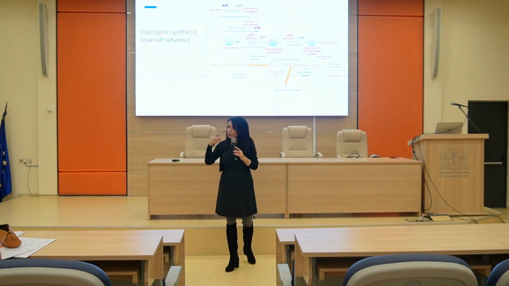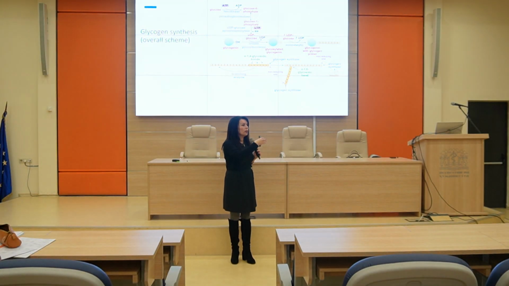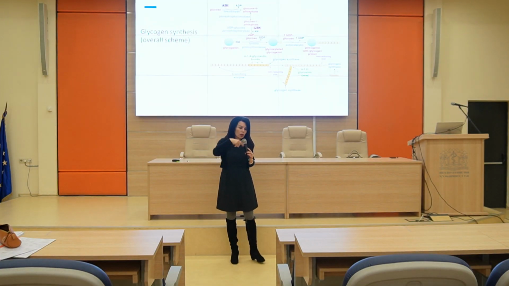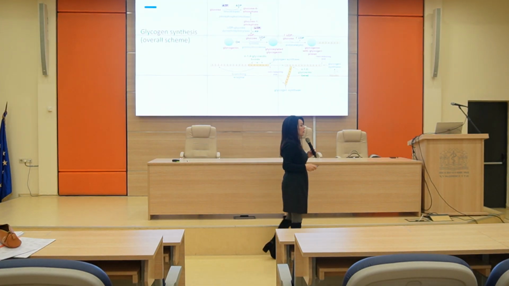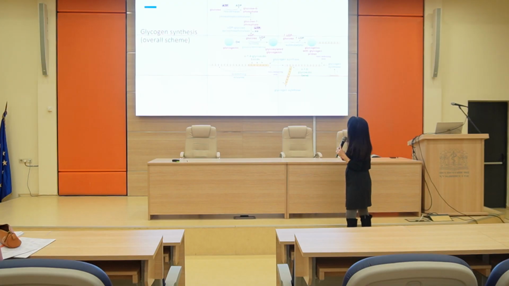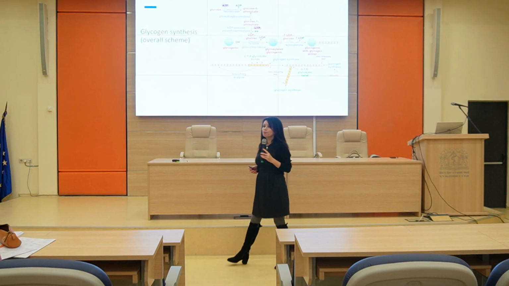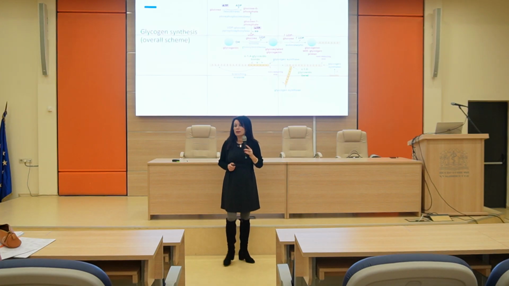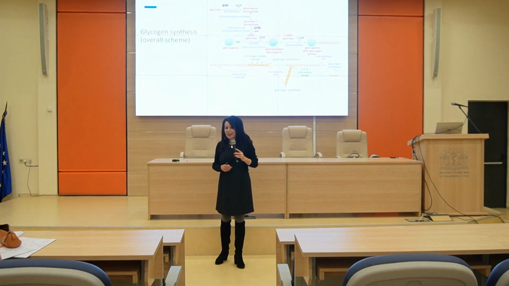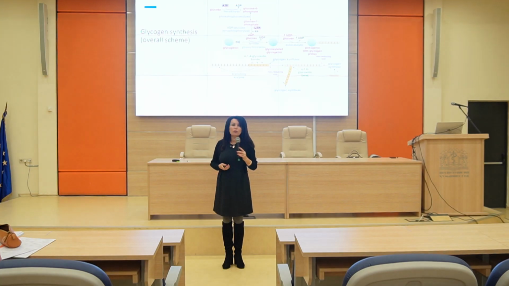After that, in some cells it can be removed, in other cells it can stay in the core of the formation of glycogen granules. And after that, students, starts the main enzyme, which is called glycogen synthase. You know from the first colloquium that this enzyme is active in its dephosphorylated form.